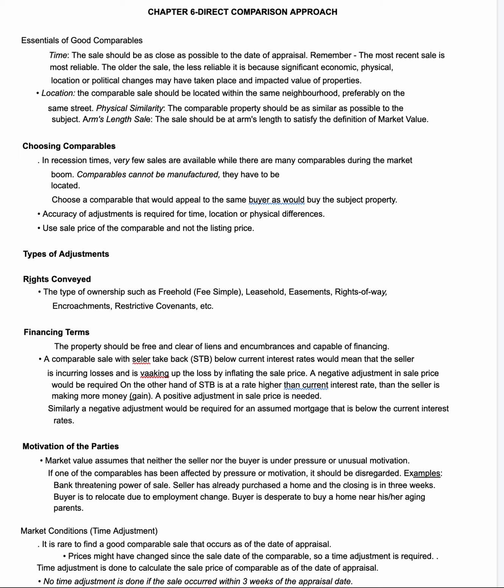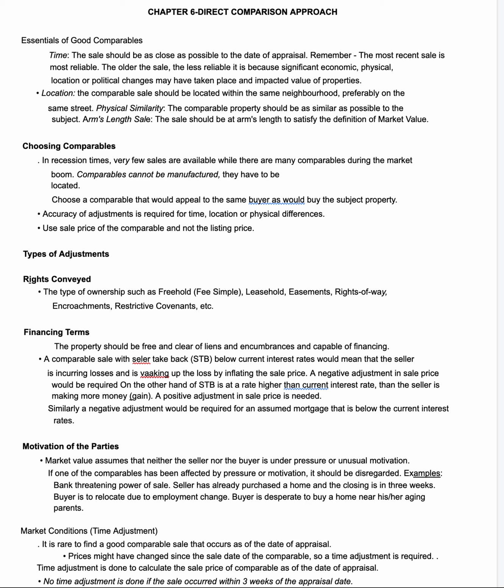However, you may discover that one of your comparable sales sold under what can be described as undue pressure or unusual motivation. Undue pressure or unusual motivation can, of course, impact what a property has been sought or sold for.